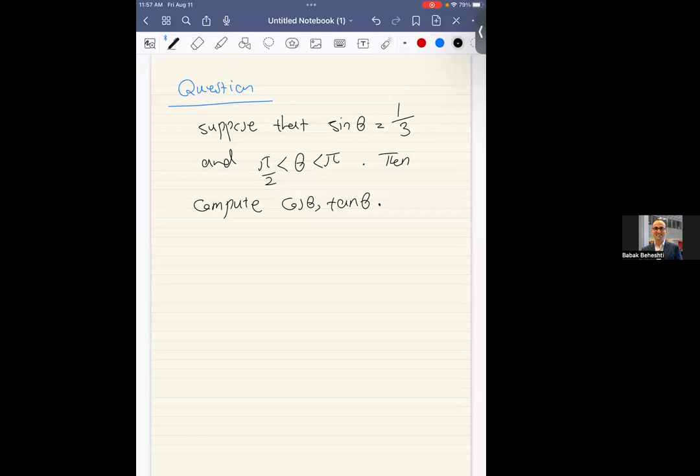Okay, now what is cosine theta? If sine theta is 1 over 3, theta is between pi half and pi. What is cosine theta?